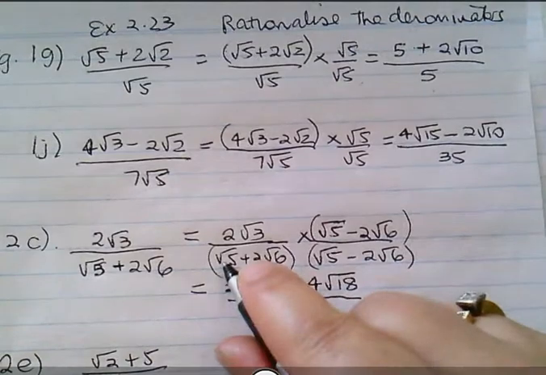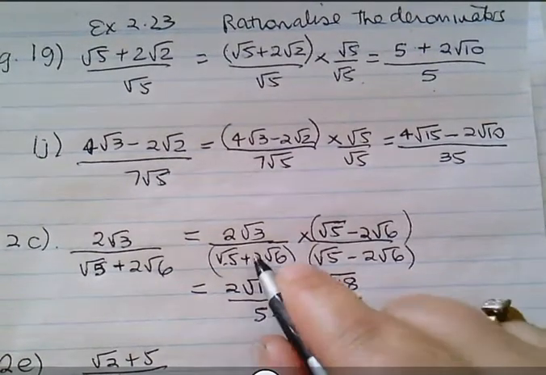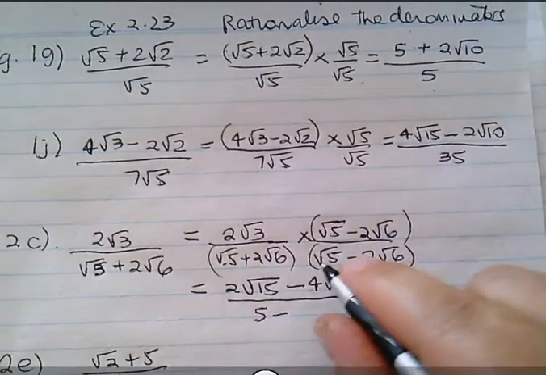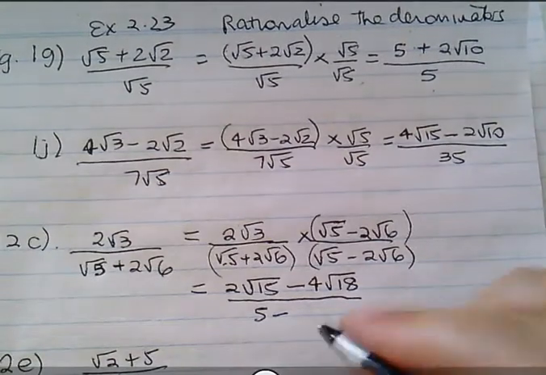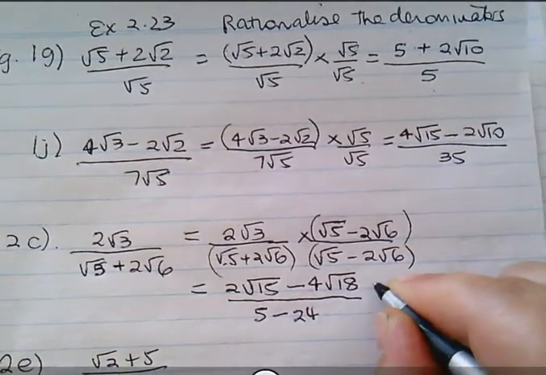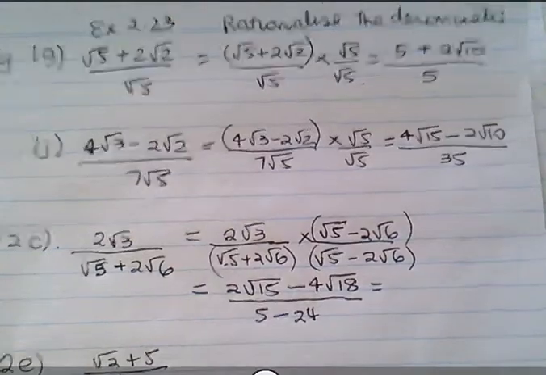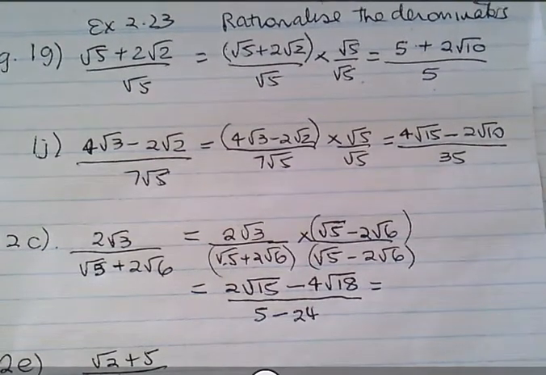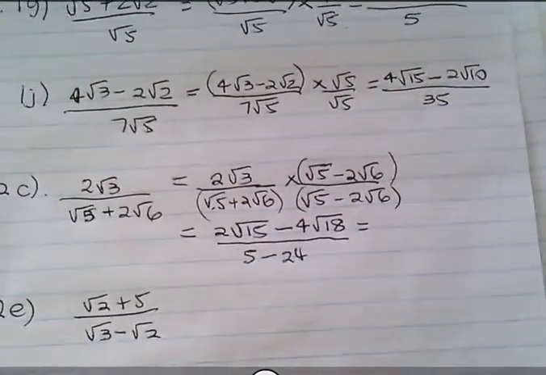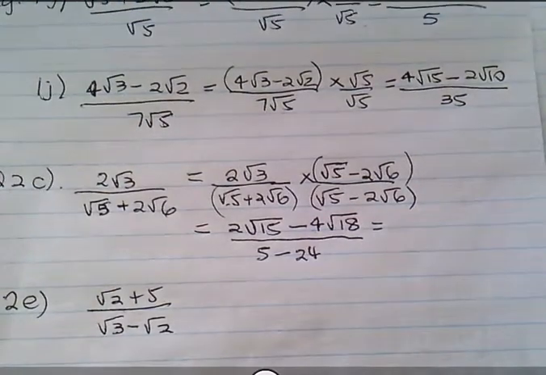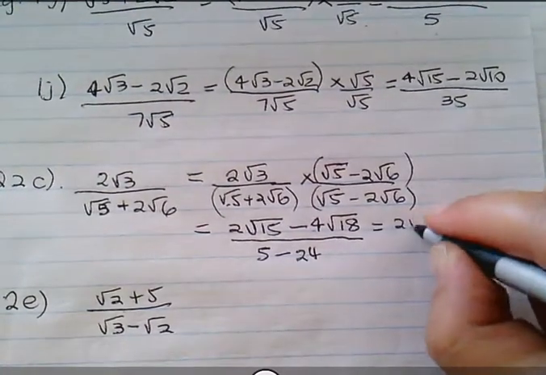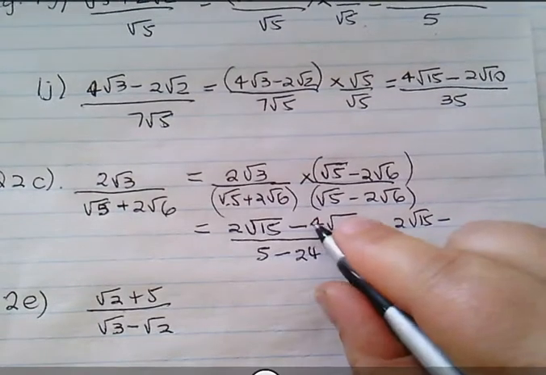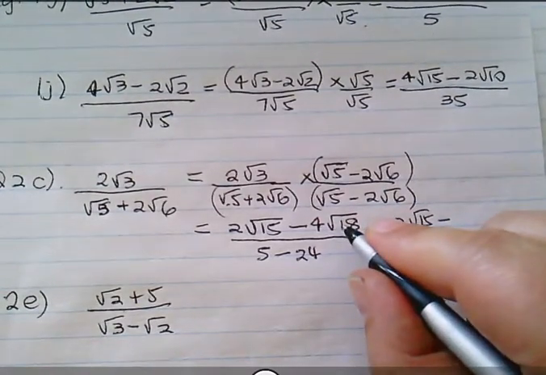So what do we get? 5 minus, be careful, square the 2 and you get 4. 4 times 6 is 24. Now we're going to have to do something with 4 root 18. Isn't that 4 times root 9 times root 2? So I've got 2 root 15 minus, this is 4 times root 9. What's root 9? 3.